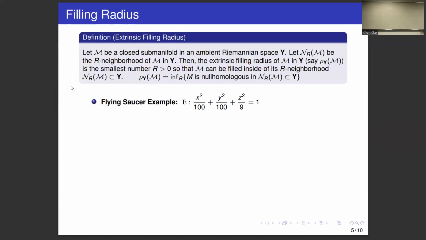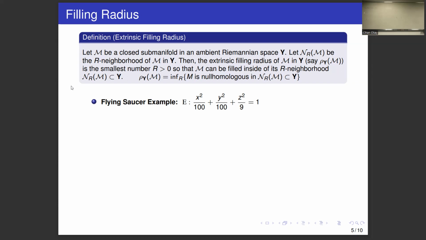Okay, so I'm going to define two types of filling radius. Filling radius is a very important notion in metric geometry. The extrinsic one is very easy to understand. So I give you, in R^n, in some ambient space, let's say in R^n, some k-dimensional closed manifold. So k-homology is non-trivial, let's say oriented.